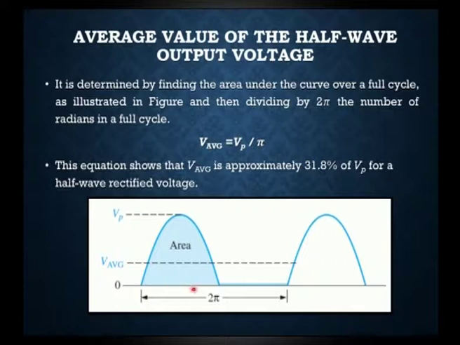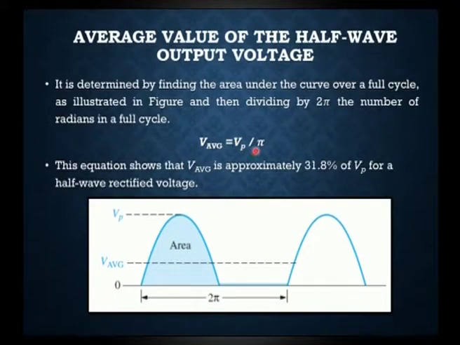If we observe the waveform fully, then we divide by 2 pi, but here it has to be divided by pi, because we can observe the waveform only from 0 to pi. So the average voltage is equal to Vp divided by pi, which is the average value we will get in a half wave rectifier.